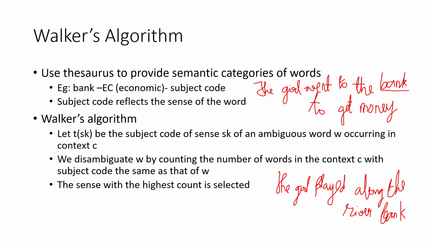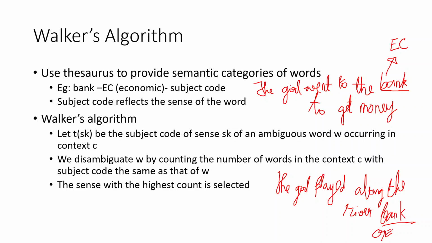So what is done by Walker's algorithm is, we know bank in this context has the economic context, right? But we do not know right now. So let us say there are two senses associated with this bank, this economic one as well as the other, maybe you can say this is some geographical entity or something like that.